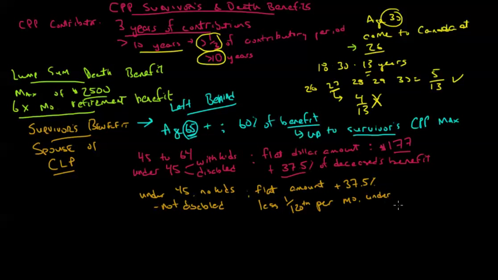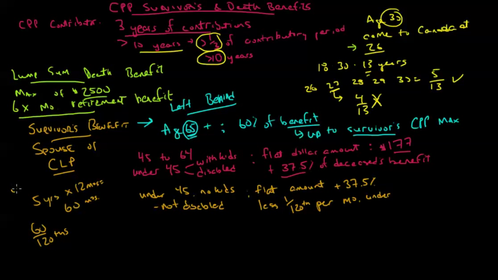So you die, you leave behind a 40-year-old spouse, for example. Well, we would say 40-year-old spouse, that's 5 years early. 5 years times, and you can do the math here, I'm sure this is not too difficult, 5 years times 12 months, that's 60 months. And so you would take off 60 120ths.